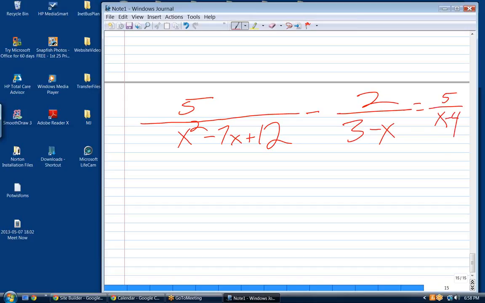Now, given the nature of the problems we've been doing, every one of them has been the same. We need to come up with something to multiply every term in the equation by that gets rid of the denominators all at one time. And the pattern is always the same. Let's factor that quadratic to begin with.